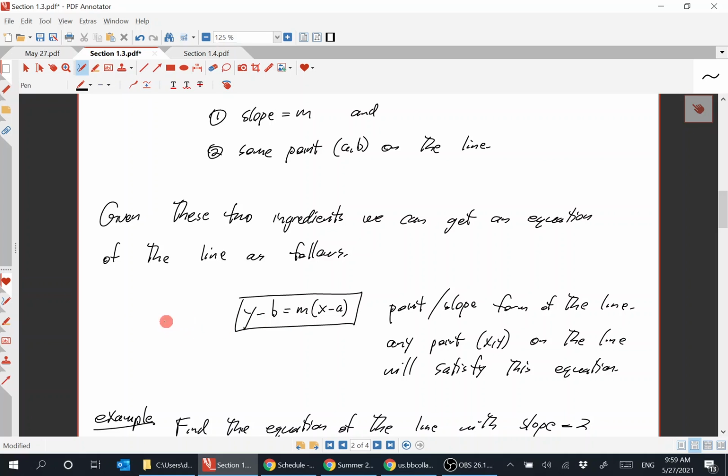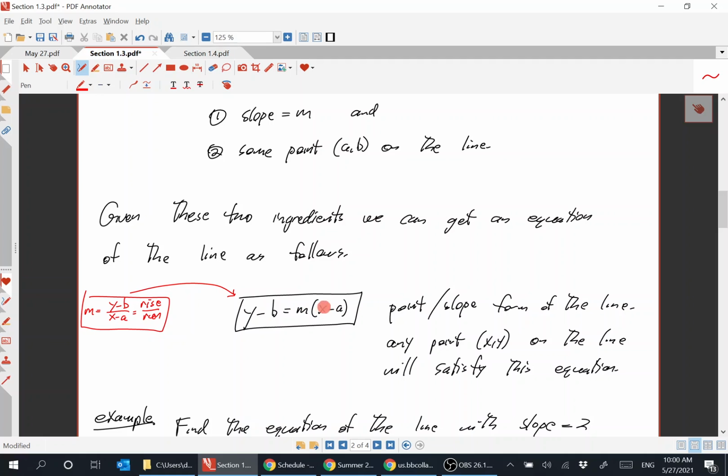Now, the point-slope form of the line is just a rewritten form of this: y minus b over x minus a, which is rise over run. You multiply both sides of this equation by x minus a, and then you just get this slope parameter again.